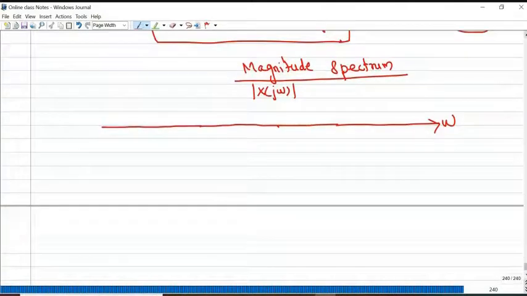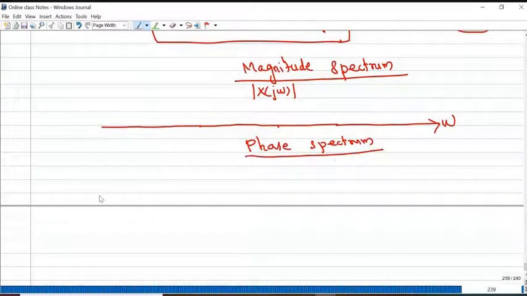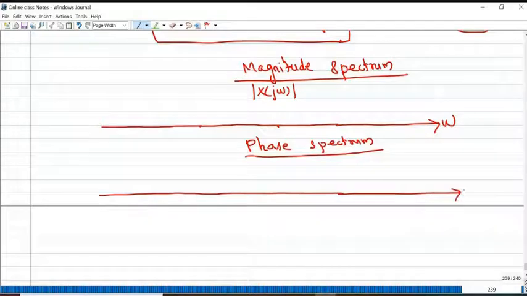Similarly, the phase response or phase spectrum. How to sketch the phase spectrum of a signal? Omega versus angle of X of j omega.